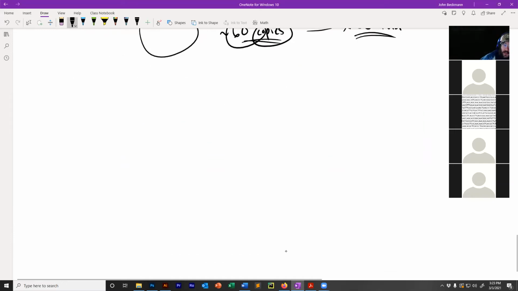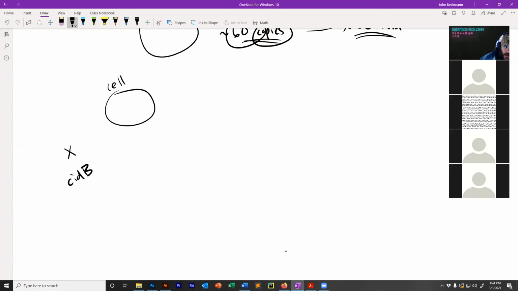Now you can imagine if you have a phenotype that you want to study, imagine you are working in a cell and you have phenotype X. This is the example that I give in my CI lectures, where we had a gene called SIDB. SIDB was a toxin. So the phenotype was that it kills the cells.